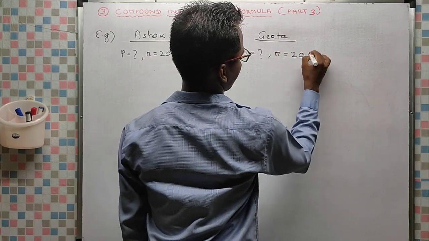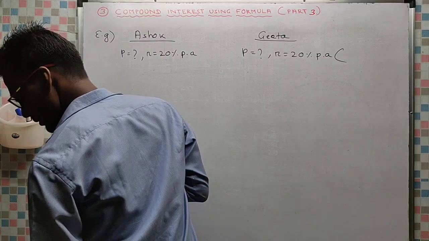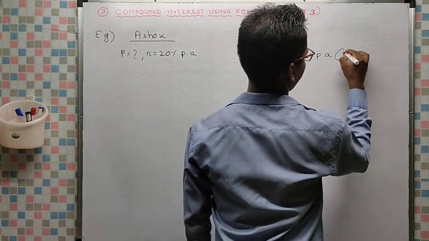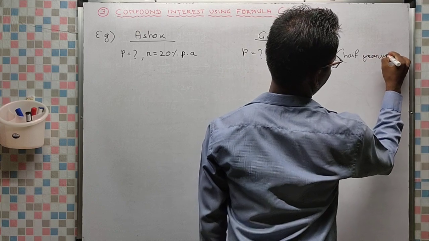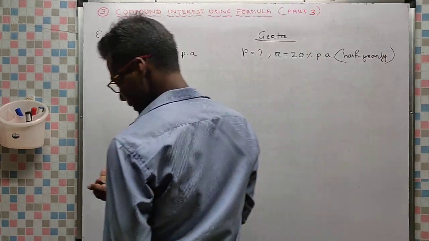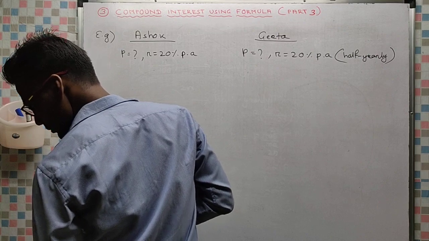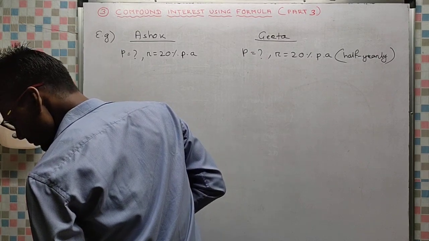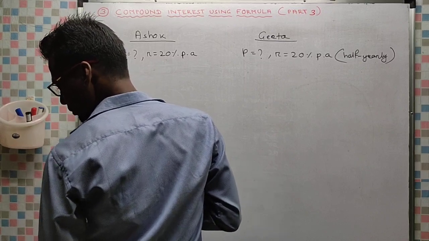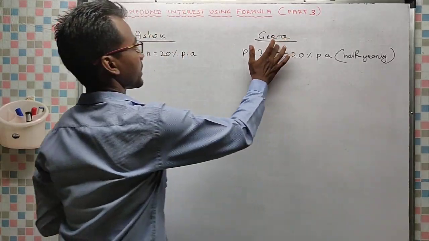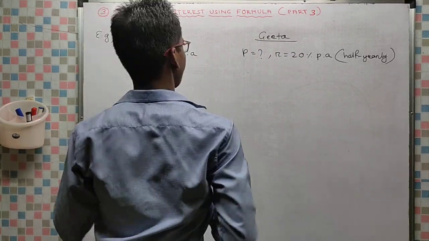Again, R is 20% per annum, but it is half yearly. If Geeta gets rupees 33 more than Ashok in 18 months.